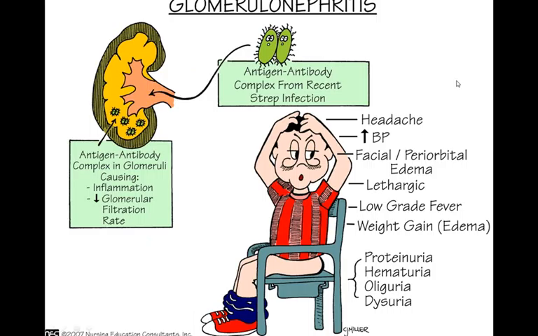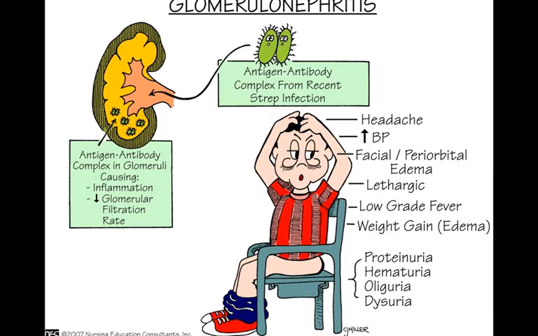All right, these are the typical signs and symptoms and what the disease looks like. It is an antigen-antibody complex in the glomerulus. You get inflammation, and of course, anytime you mess with the glomerulus, your glomerular filtration rate goes down. You want to also assess for skin lesions because that could be a possible source of infection if they haven't had the tonsillitis or anything.